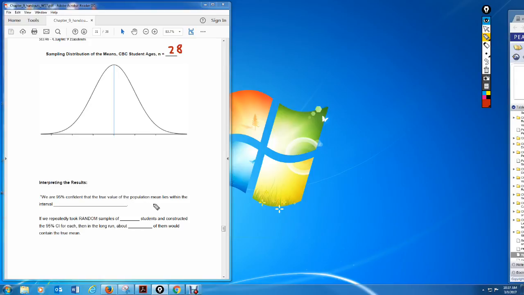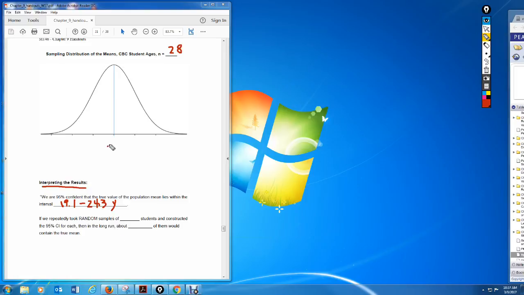Because if we were to interpret the results that we just got, we would say we are 95% confident that the true value of the population mean lies within the interval 19.1 to 24.3 years. Okay. So are you 95% confident that the true mean age of all CBC students is somewhere in that interval?